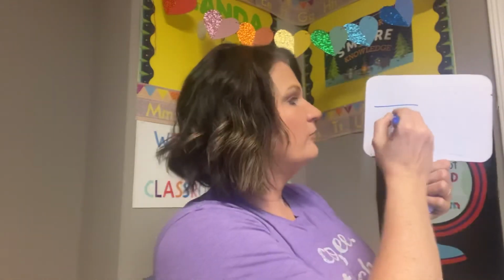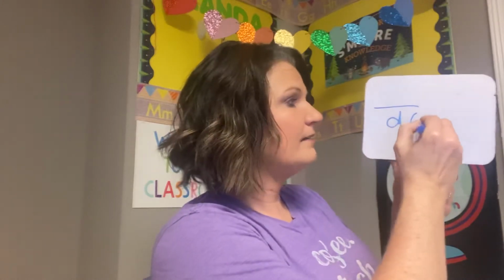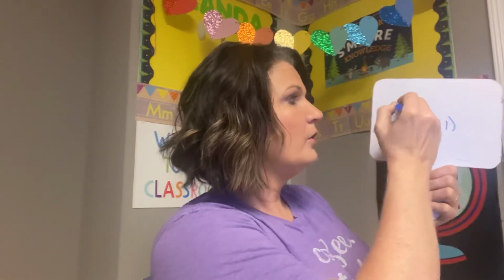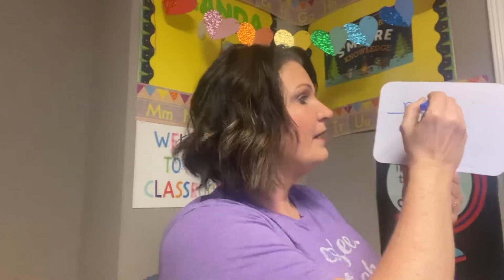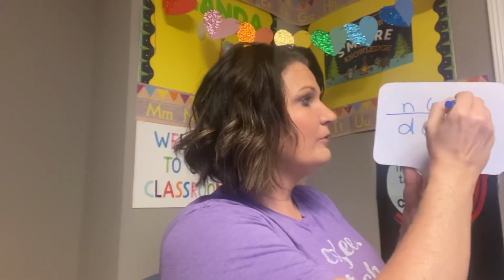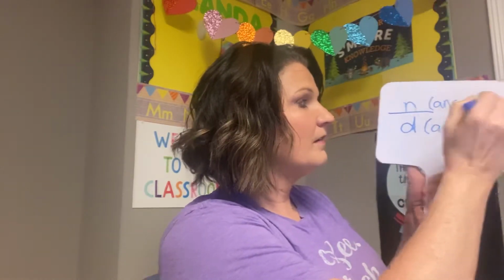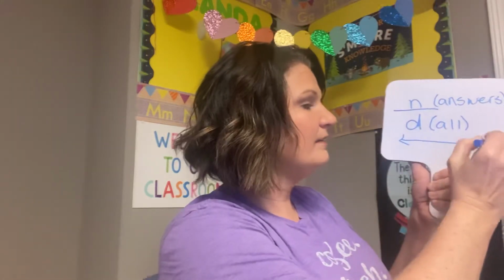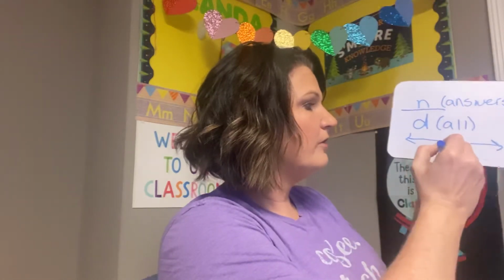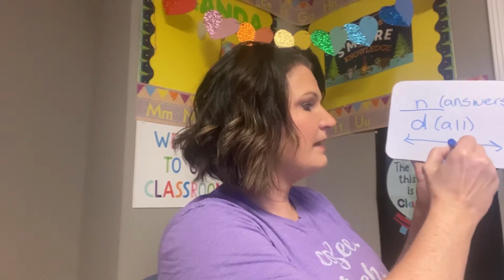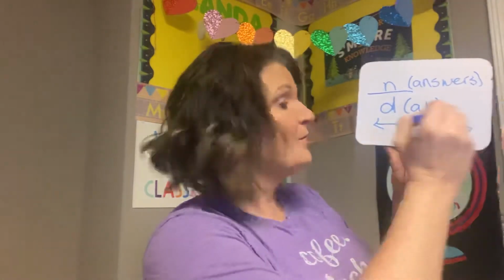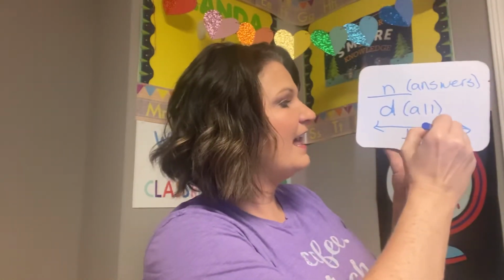So the only things that you need to remember today are that your denominator's on bottom. It is how many that there are in all. Your numerator's on top, and it simply answers the question. We have our number lines. Remember, your denominator is the spaces. Your numerator are the lines.